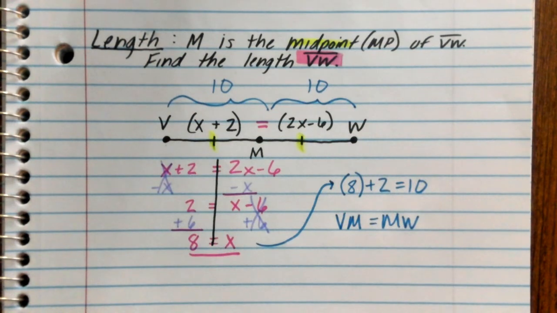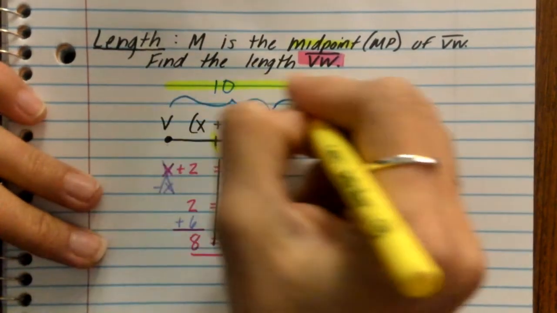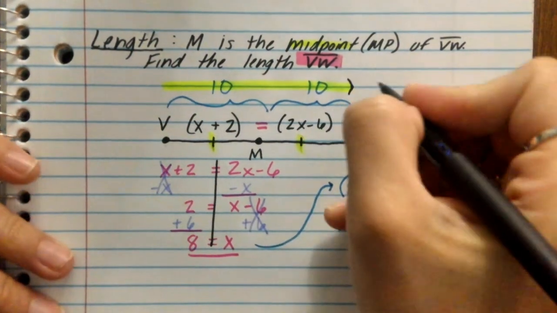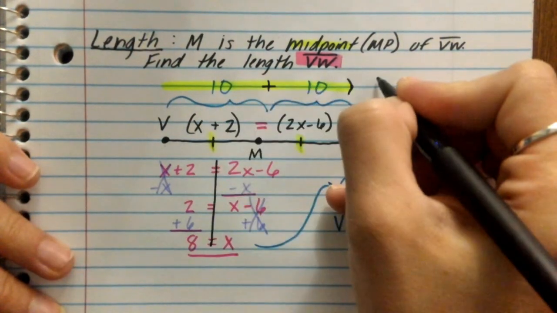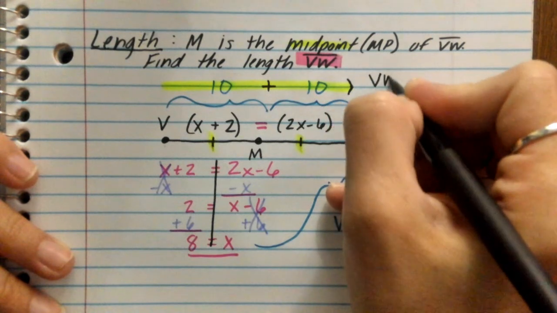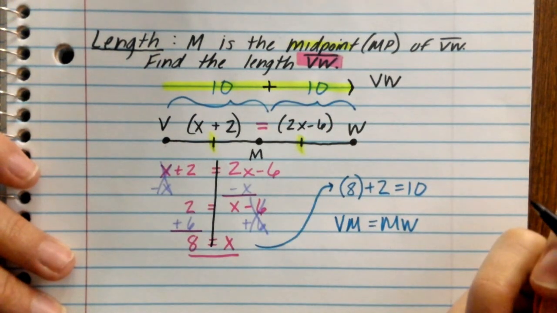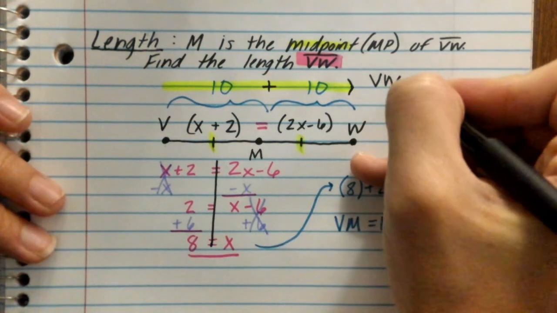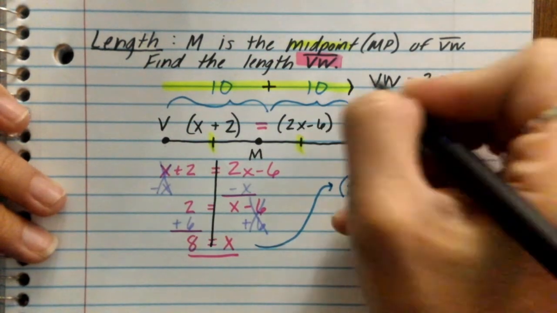And I want to know the whole length. And so what does that come out to be? Well, you add them together, and your answer, length of VW, notice no line because I'm saying length, I'm not writing a segment, is 20.